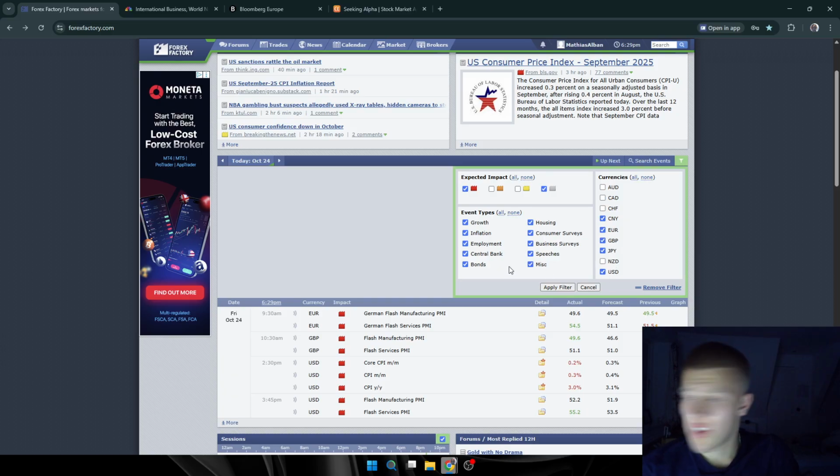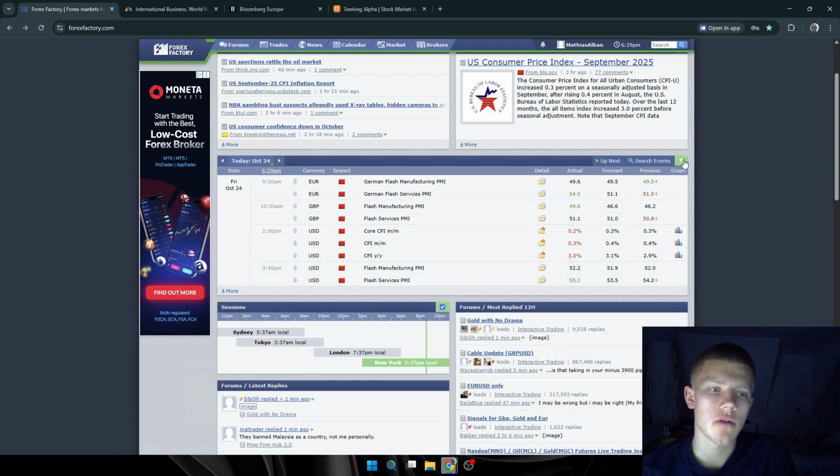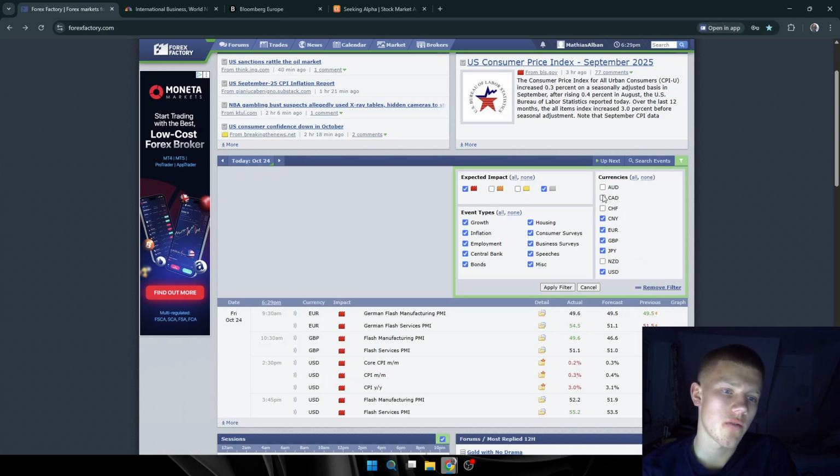Because I'm trading the Nasdaq and S&P 500, I've got USD, and I also want to see what's going on in the Asia session, so I choose China and Japan, and the London session, so I also click on Euro and GBP just so I have an understanding of it. If you trade an Australian, Canadian, or New Zealand currency, etc., then make sure to check that.